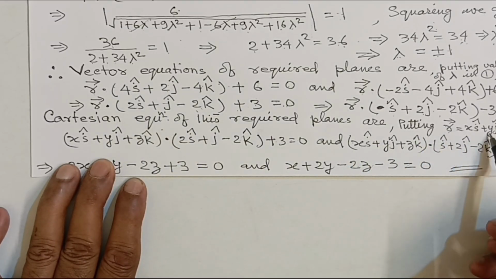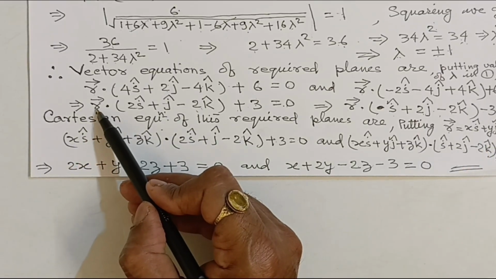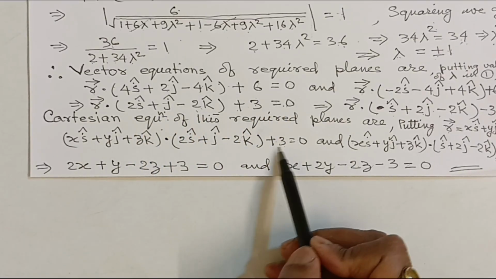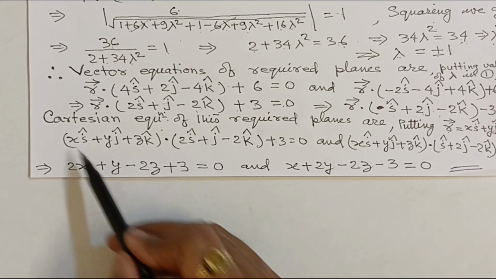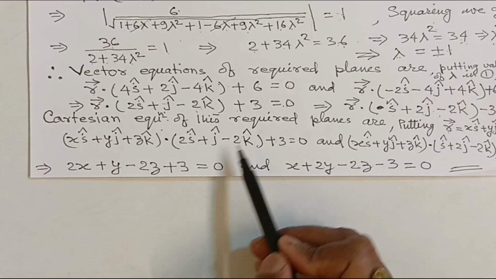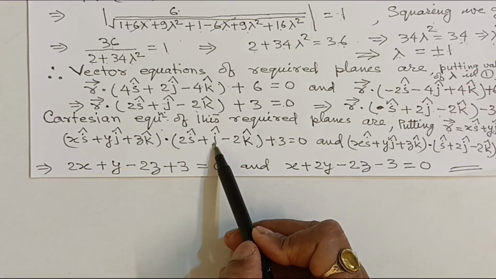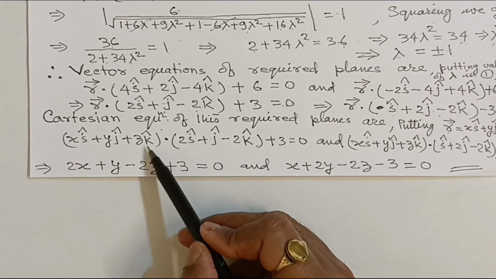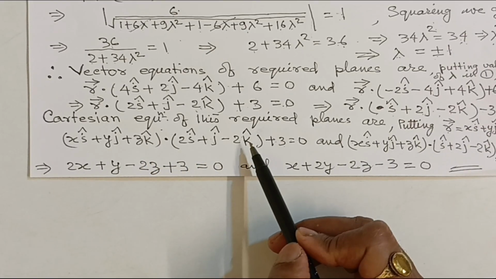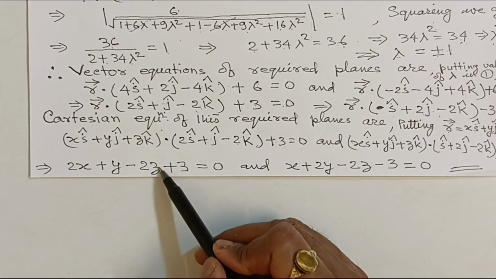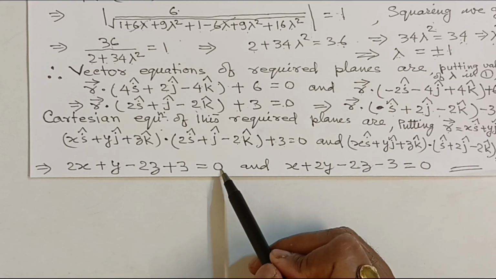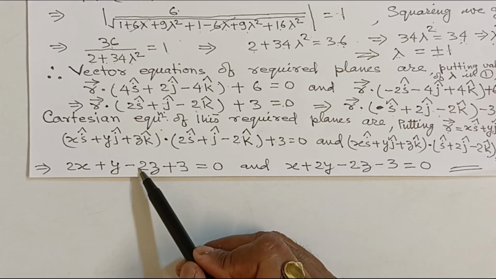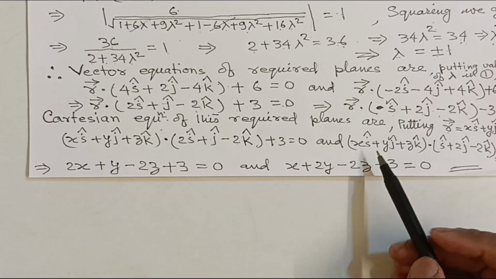Putting this, we get xi plus yj plus zk dot 2i plus j minus 2k plus 3 is equal to 0. i dot i is 1, so 2 into x is 2x, i dot j 0, i dot k 0, j dot i 0, j dot j 1, so 1 into y is y, j dot k 0, k dot i 0, k dot j 0, k dot k 1, so 1 into minus 2 into z is minus 2z, plus 3 is equal to 0. 2x plus y minus 2z plus 3 is equal to 0 is the Cartesian equation of plane 1.